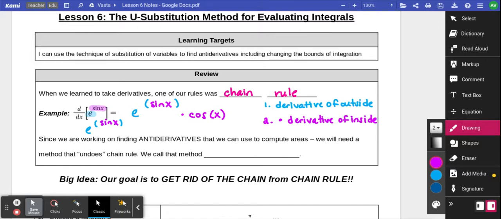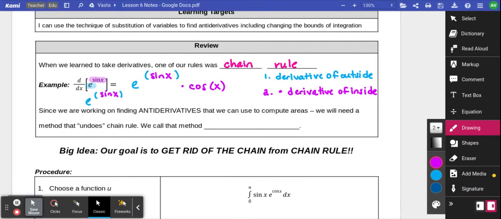And that was our rule for doing the derivative. We talked today in class about how to undo that, which would be to start by doing the antiderivative of the outside and then dividing by the derivative of the inside instead of multiplying, because we're going backwards. So this is one way to find these antiderivatives: sort of undo the chain rule intuitively.